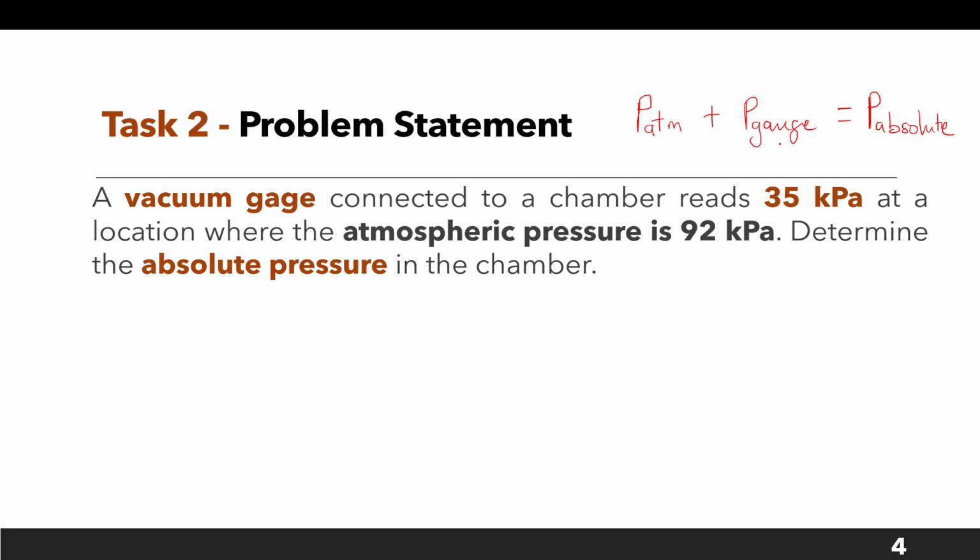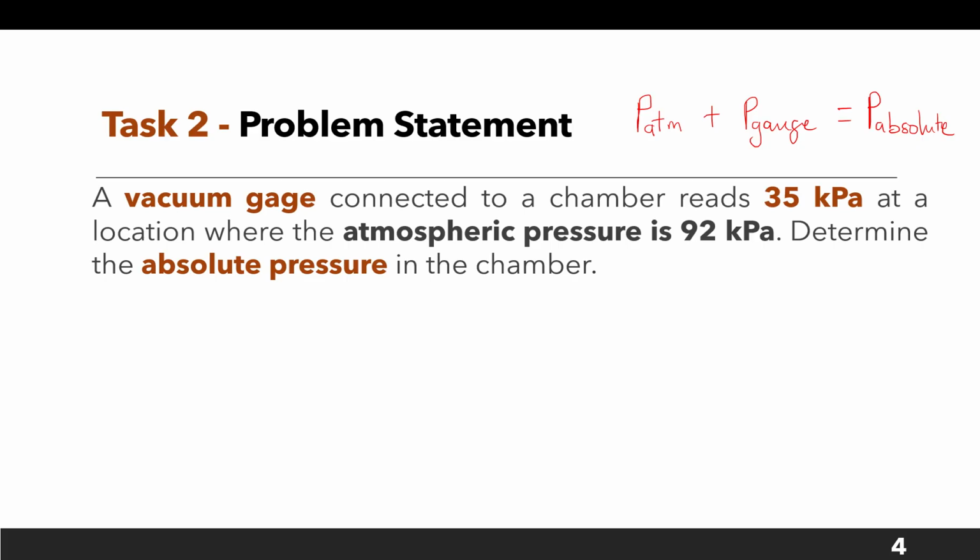This formula is something you have to pay attention to. At all points in time, anytime we have a gauge pressure, we just add it to atmospheric pressure to get absolute pressure. But we have two types of gauge pressures: the positive gauge and the negative gauge. Normally, if they are referring to the negative gauge pressure, they use the word vacuum. So if you hear vacuum, it means that we have a negative gauge pressure.